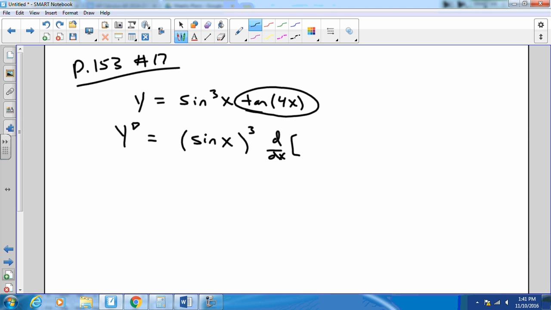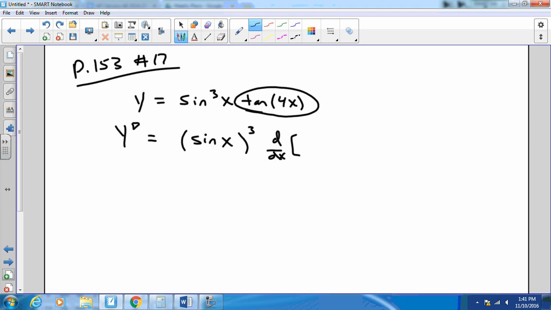Now the question is which one? Do we want to do product rule first, or chain rule first? We can answer that by trying to identify either an outside and an inside, or two functions that are being multiplied. Sometimes it helps to pronounce this out loud. So y is equal to sine cubed x times tangent 4x. Did you hear yourself? Yeah.